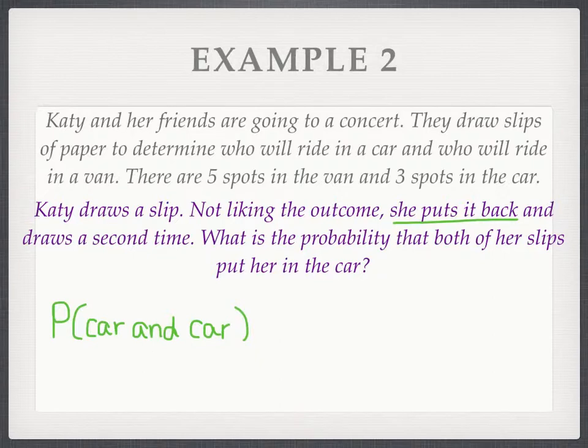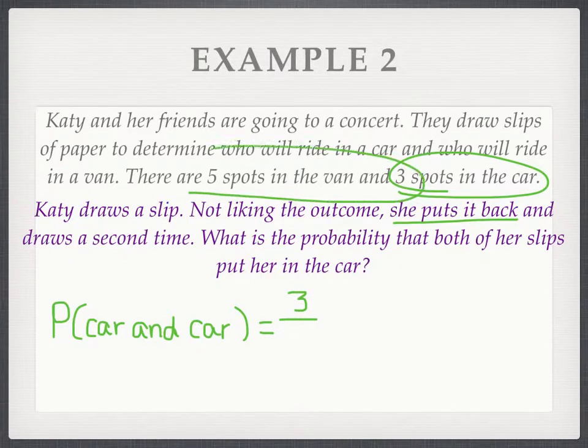Well, because she put it back, these are independent events, all right? Because the probability for that second draw is exactly the same as it was the first time. So the probability of getting a car spot would be 3, because there are 3 spots in the car, out of 8, because there are 8 spots altogether. So 3 out of 8 times, now because I took that car slip out and put it back in the draw, I still have 3 car slips, and I still have 8 slips altogether.